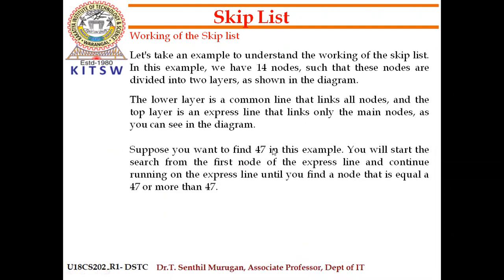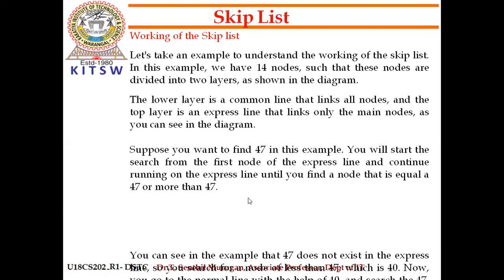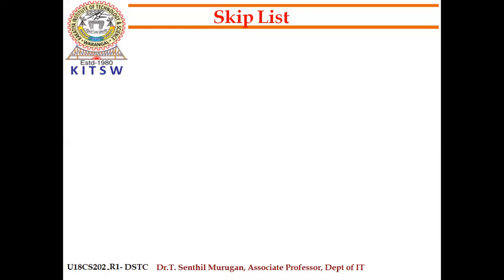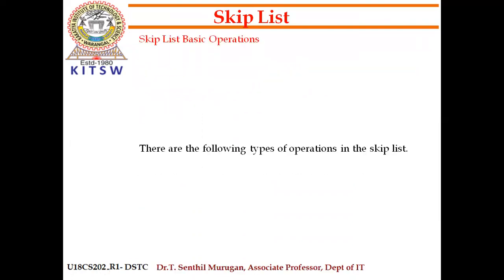If we want to find 47, the skip list will check the express line. The 40 is there; it will reach 40, and all the elements until 40 will be skipped. Then it will start searching from 40 onwards. For example, if the next 60 is there, it will go to 60 and continue from there.